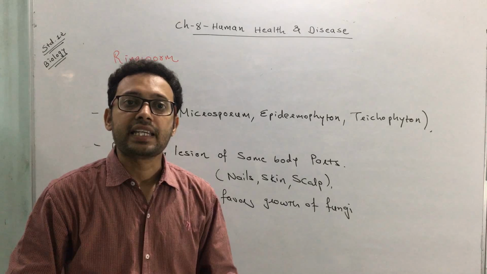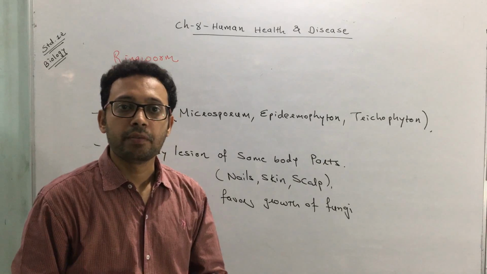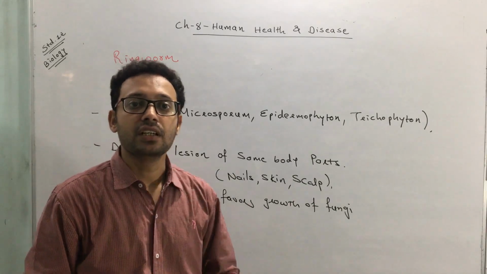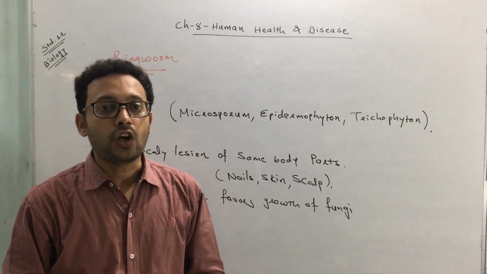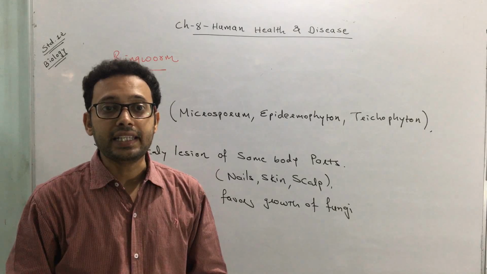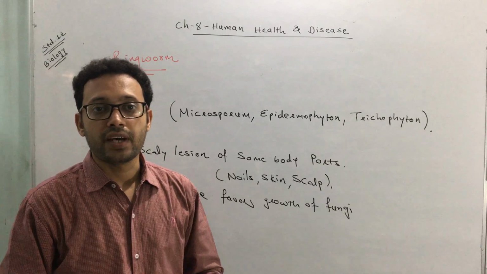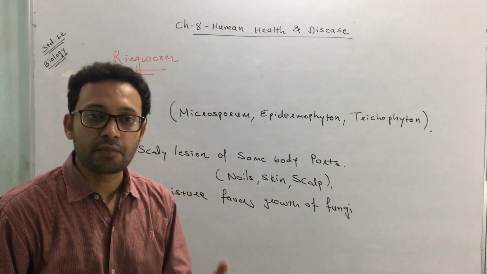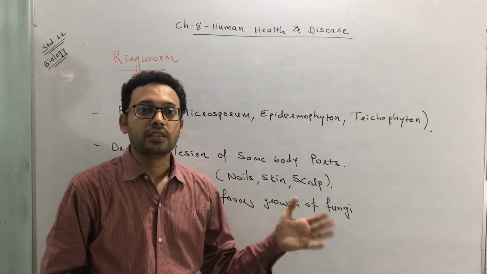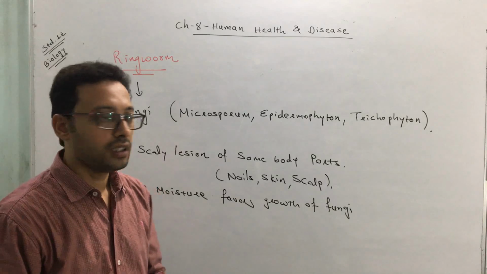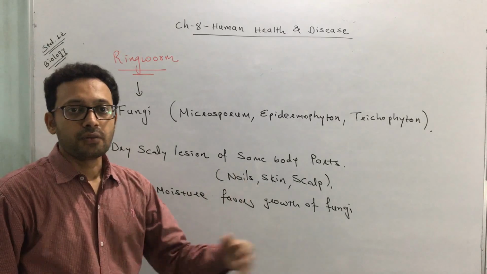For example, in the armpit or the groin region, these fungi can easily grow because heat and moisture favor their growth. So it is necessary that you keep your body clean and neat, so this fungi doesn't grow on your body parts. Okay, so this is one way you can prevent this disease.